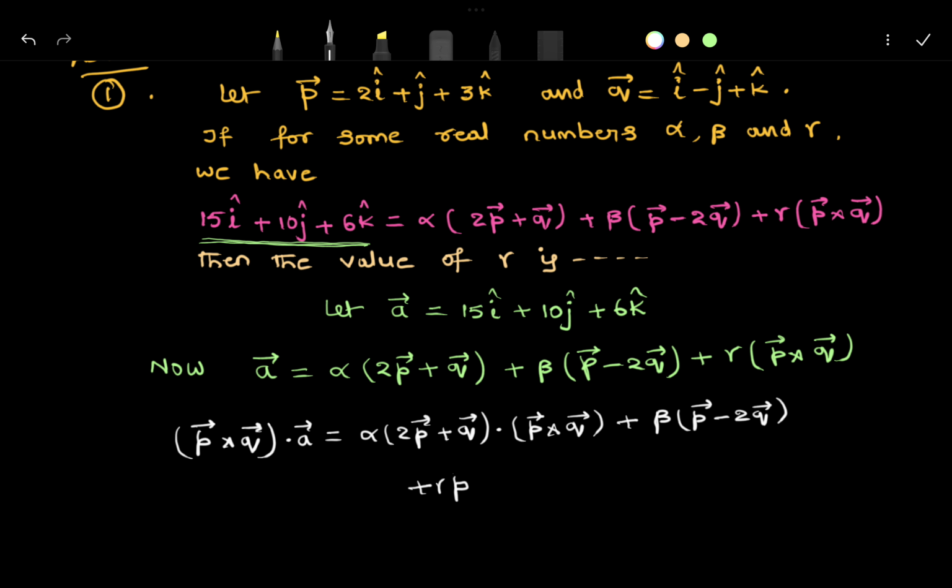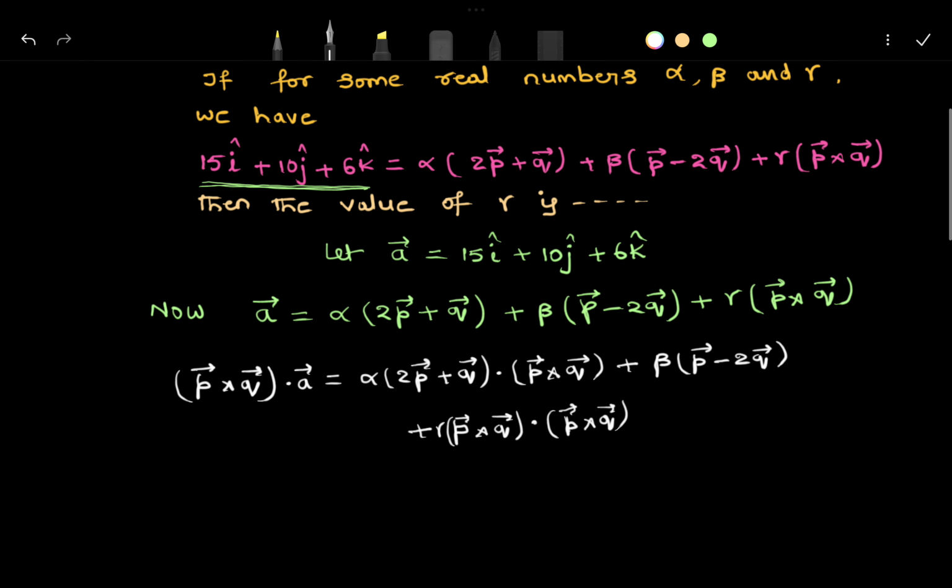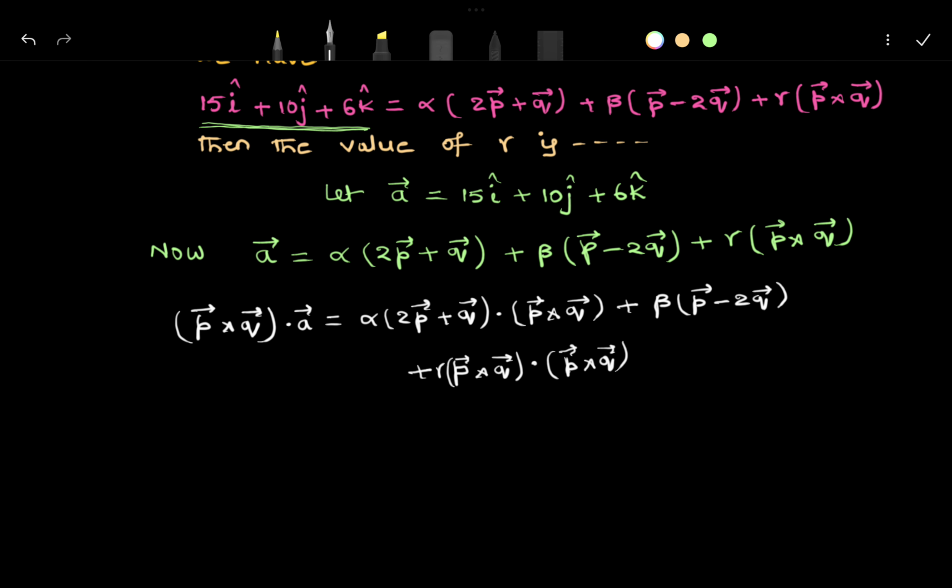After this we use the properties of dot product, cross product and scalar triple product.